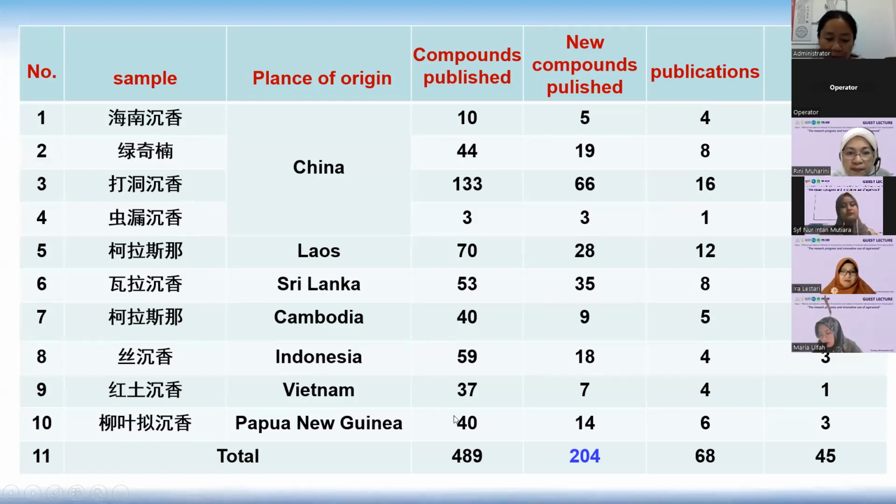Until now, we have published 489 compounds, of which 204 are new compounds. We have already published 68 papers, 45 of them SCI. And we still continue this work, so we still have some compounds not published yet.